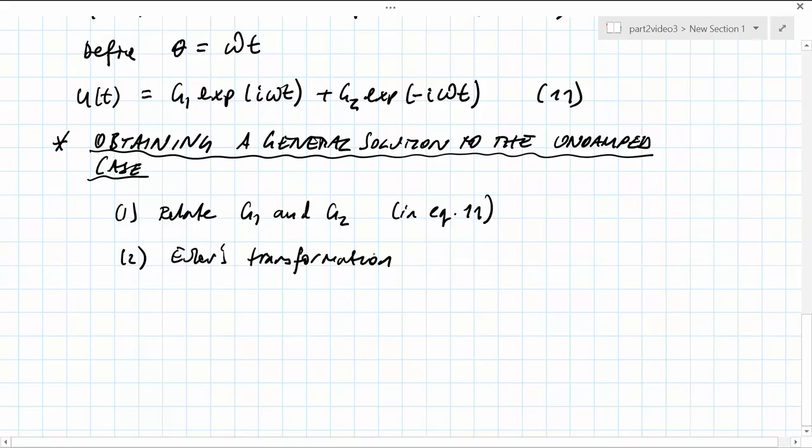From equation 4 in video 2, our first observation in equation 11 is that G1 is equal to G1 real plus i times G1 imaginary, and G2 is equal to G2 real plus i G2 imaginary.